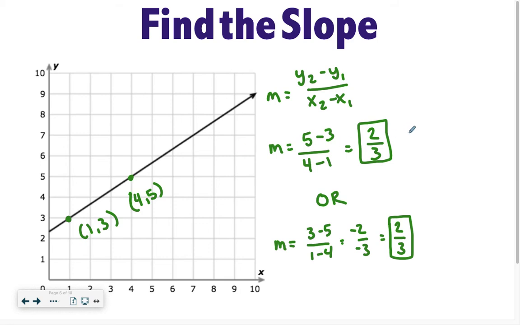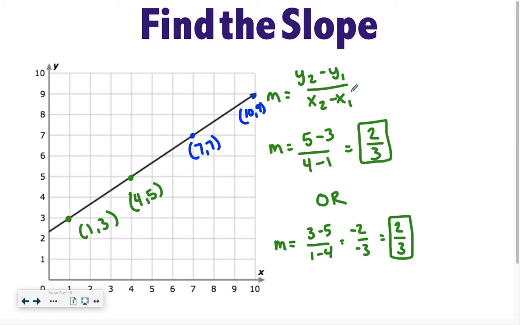Okay, hopefully for this problem, you ended up with a slope of 2/3. The 2 points that I found that worked well were 1, 3, and 4, 5. Another point could be 7, 7 up here, or you could even do 10, 9. Any of those points would have been good points to use.